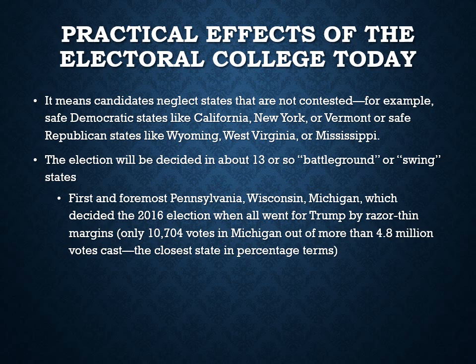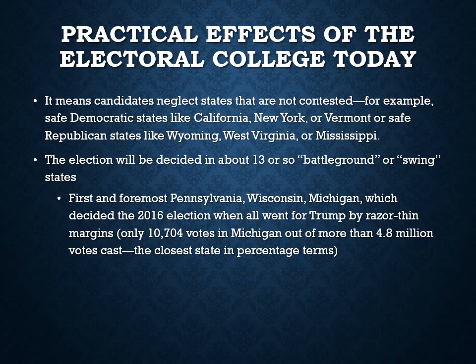First and foremost, you have the 3 states that decided the last election: Pennsylvania, Wisconsin, and Michigan. Michigan, percentage-wise, was the closest of the 50 states. More than 4.8 million Michiganders cast votes in 2016, and the margin of Trump over Clinton was only 10,704 votes.